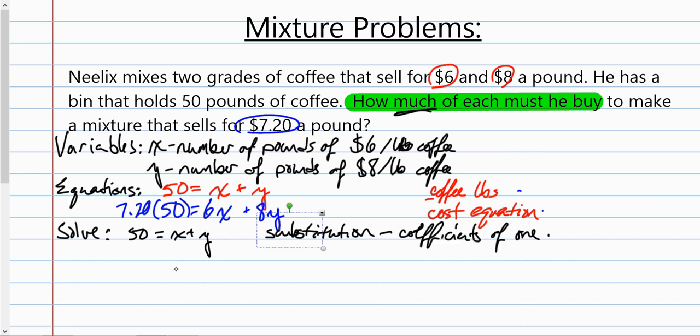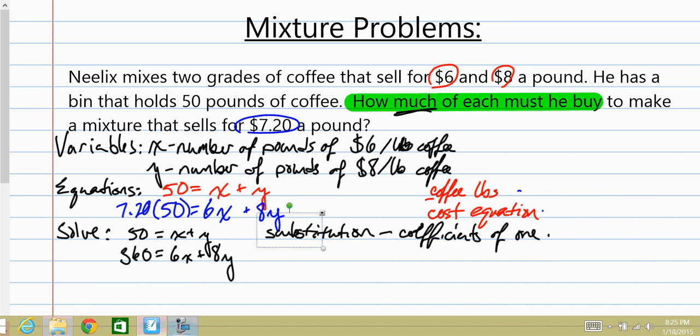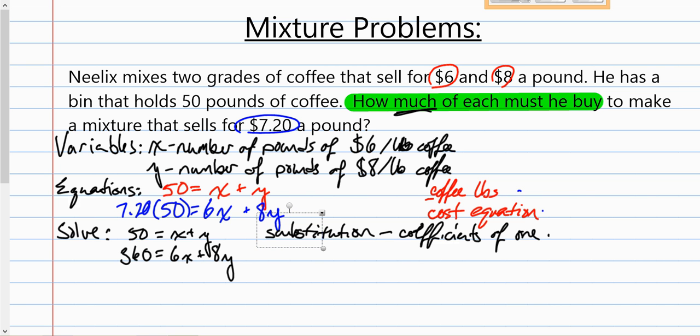And in the other equation, I have my 6x plus my 8y is going to equal, I'm doing this in my head, bear with me, should equal, is that $360? Okay, this is where I write it down, and then I'm going to go grab my calculator and check, so hang on. And I was right, it is 360. Sometimes I can do decimals in my head, sometimes I cannot.